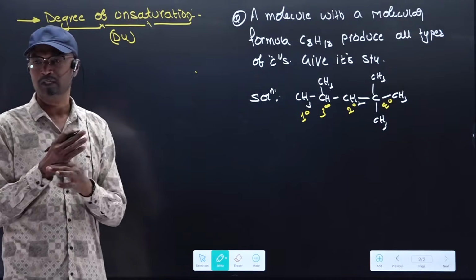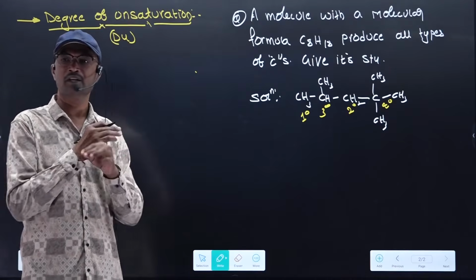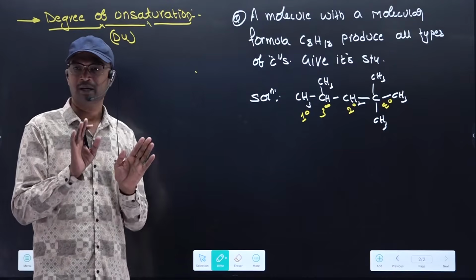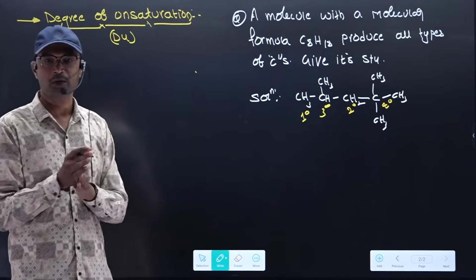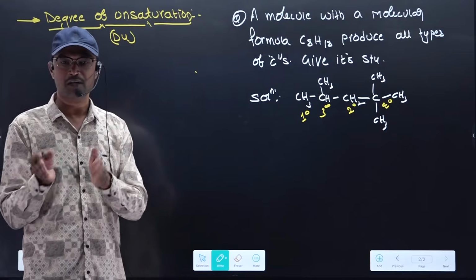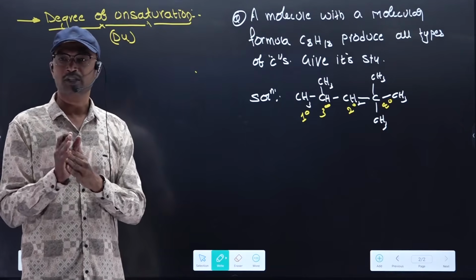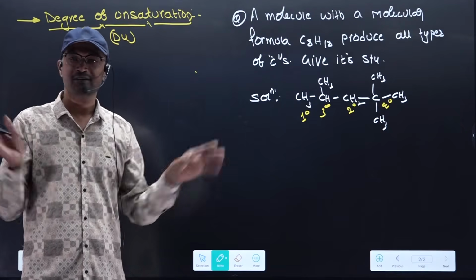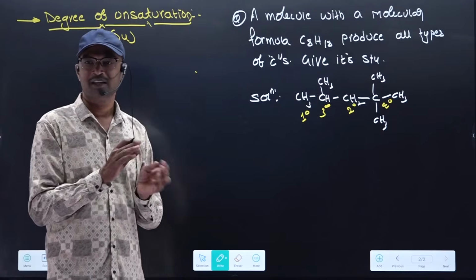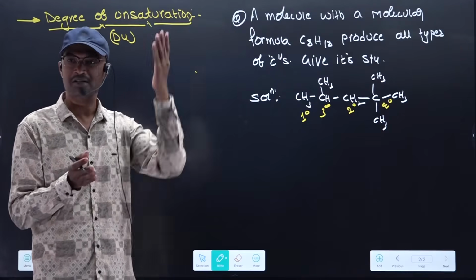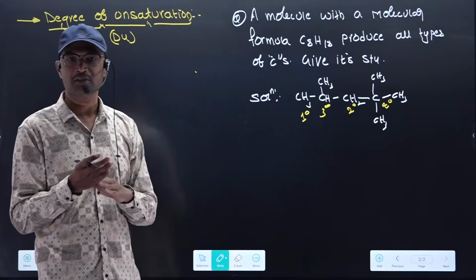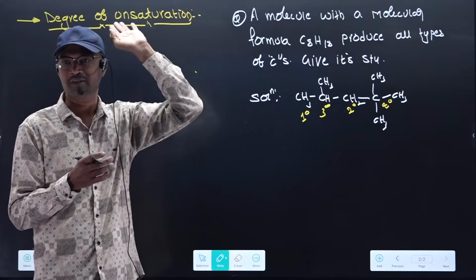Suppose in your 10th class, you think that once 10th class is over, everything is clear. But then your parents think about MPC, BPC, then unsaturation comes. Once you think that once MPC is over, life is done, then you go for IIT, JEE Mains, different entrances. Then you people become highly unsaturated.